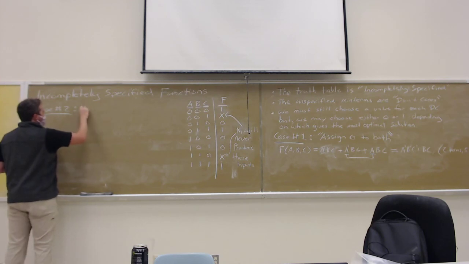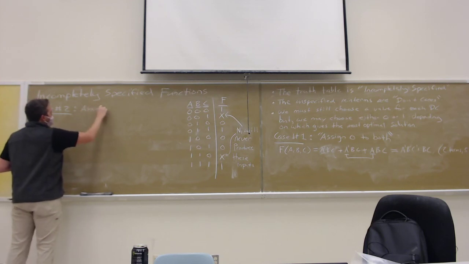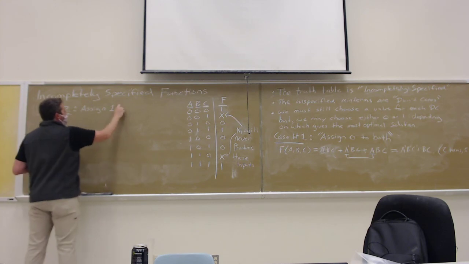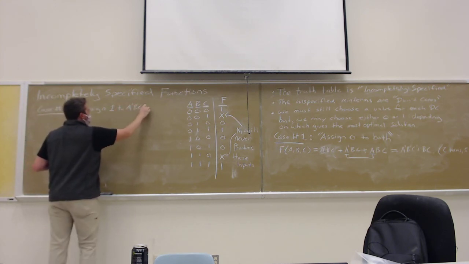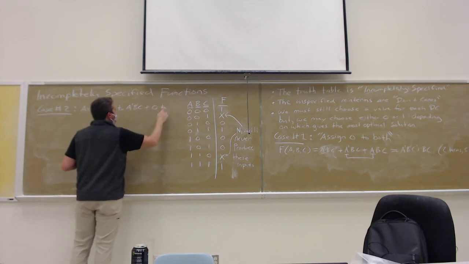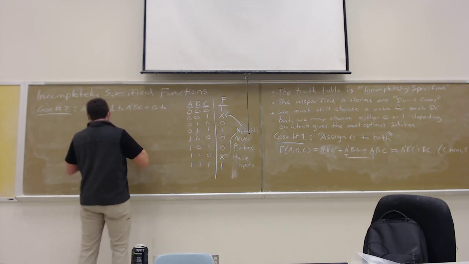Let's assign a 1 to the first one, A prime, B prime, C, and a 0 to the second one, A, B, C prime.